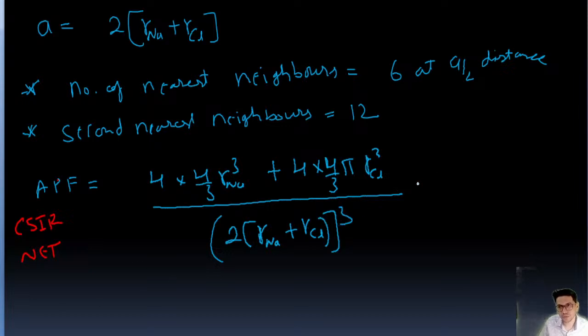So we'll solve it. 4 into 4 is 16, so 2 pi and 3 will take common.